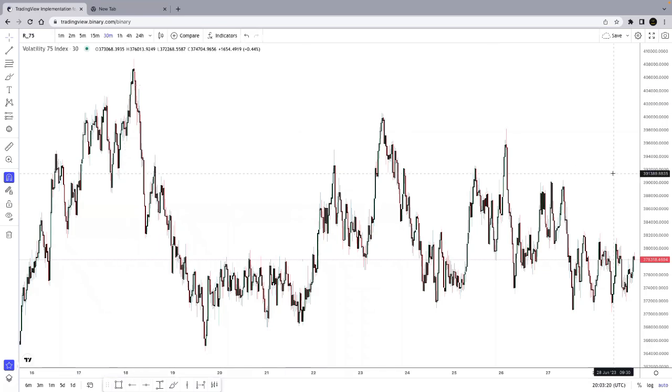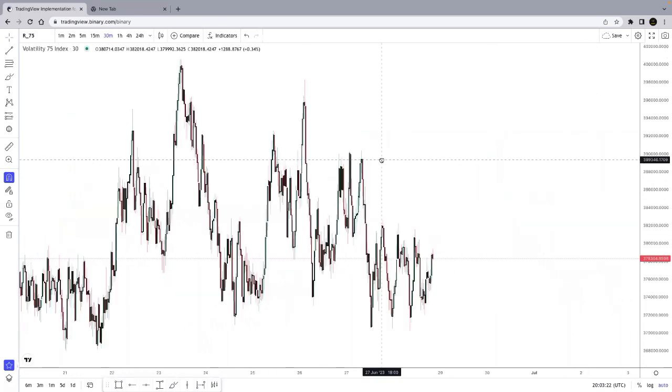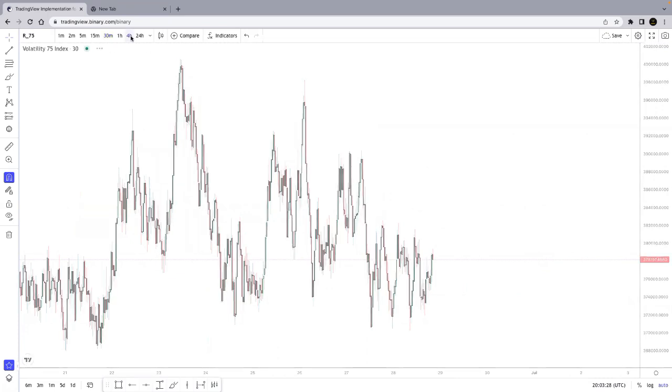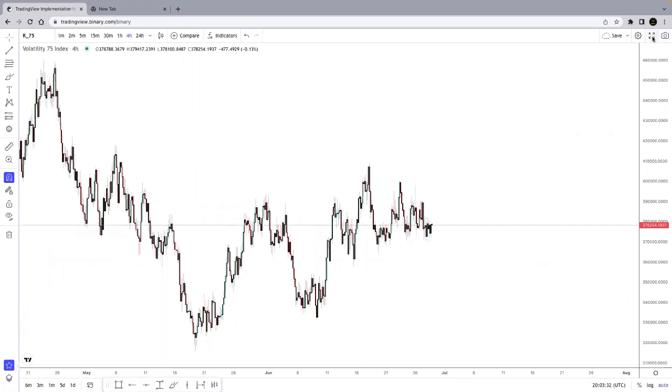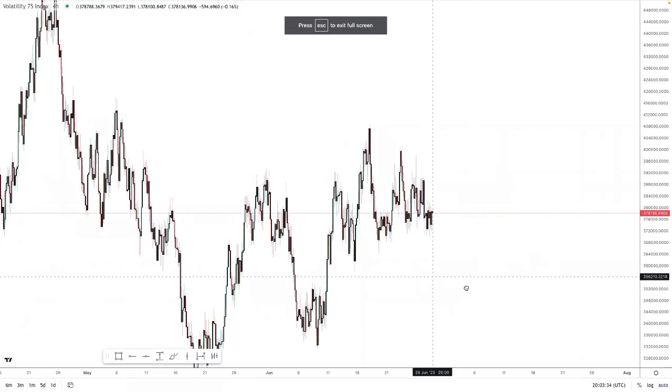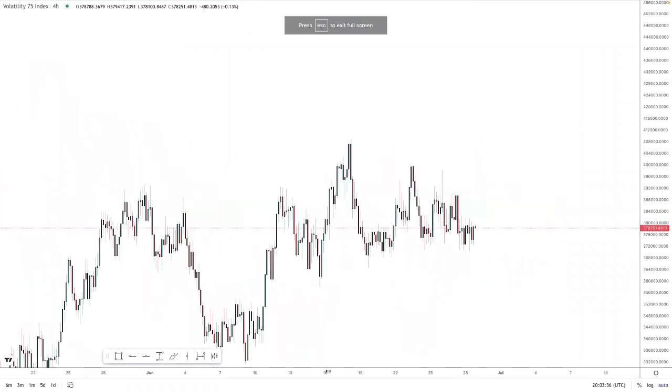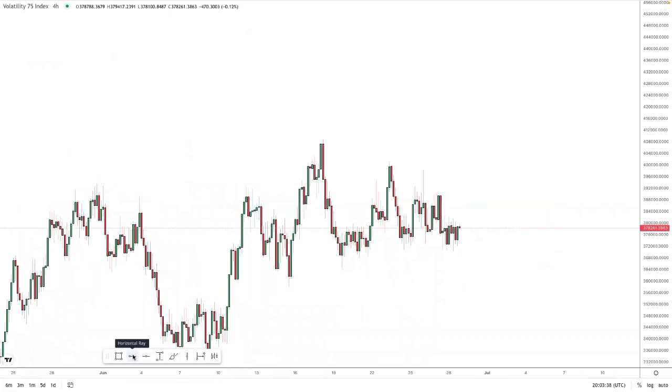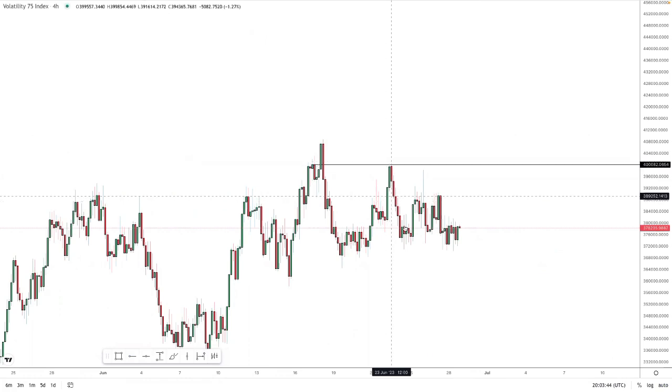We'll check out some examples. Right here, if you can recall very well, a few days back we posted a sell trade. The sell trade was from this invalidation right here.